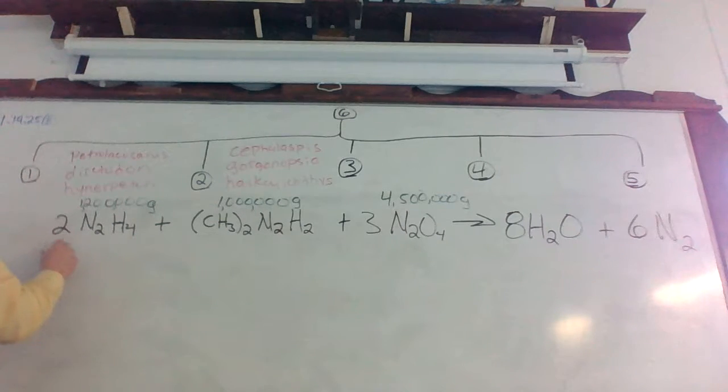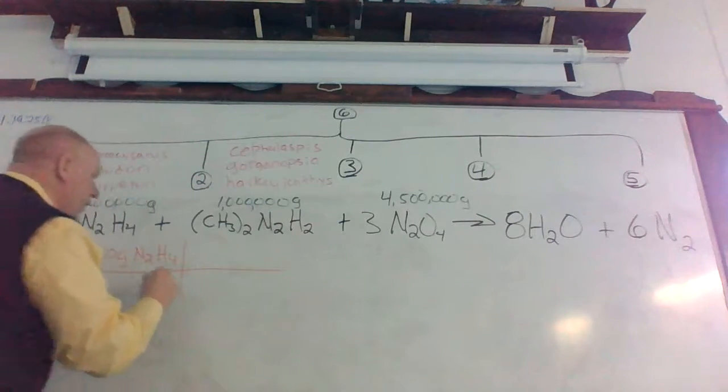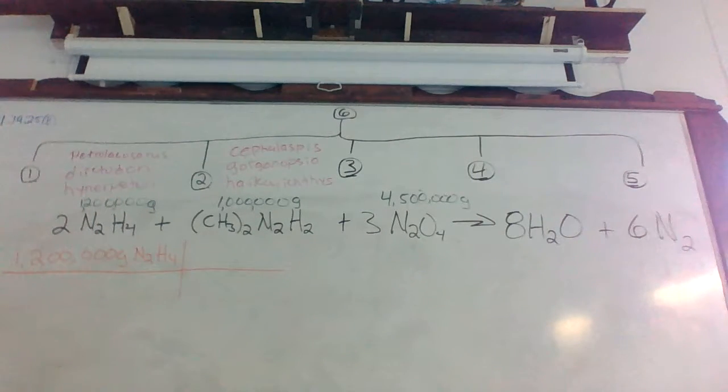Okay, so we've got 1,200,000 grams of N2H4. Obviously we're going to have really, really large numbers of moles. That's axiomatic because that number is so big.